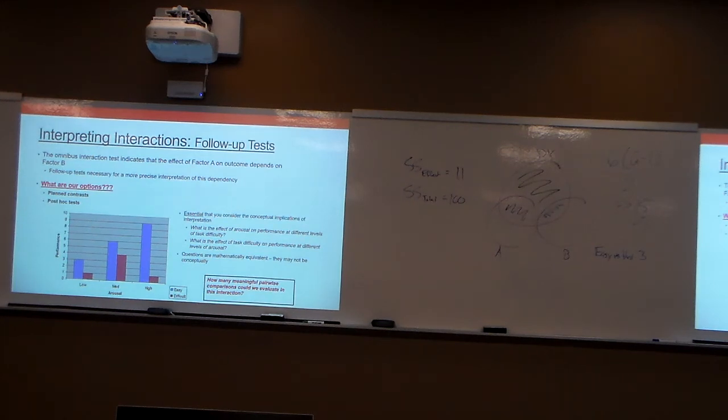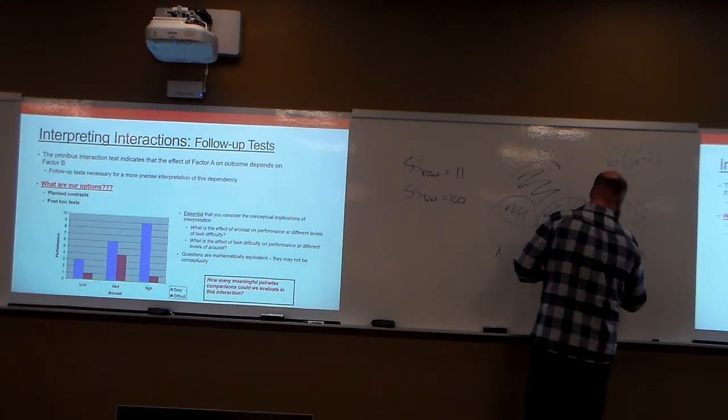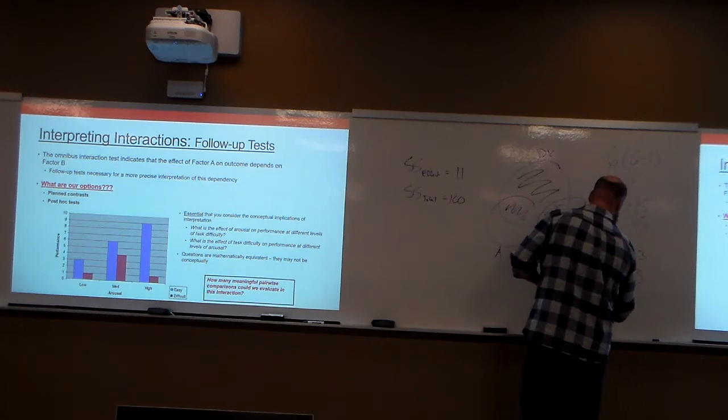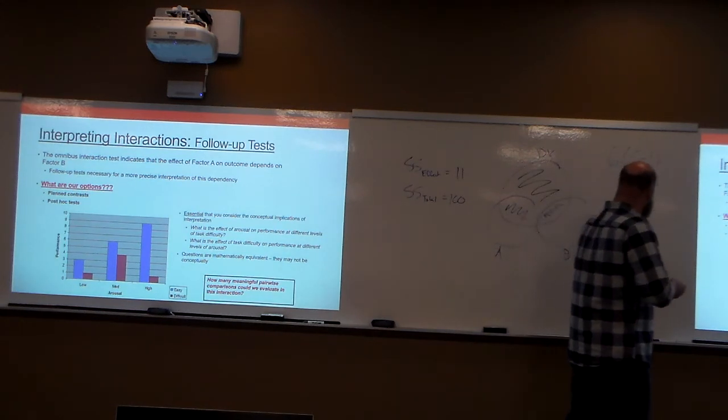How many pairwise comparisons do I have here? 3, yeah. I can look at low versus medium, low versus high, medium versus high. So at easy, I've got 3 comparisons. What about hard? 3, right. How many total is that?